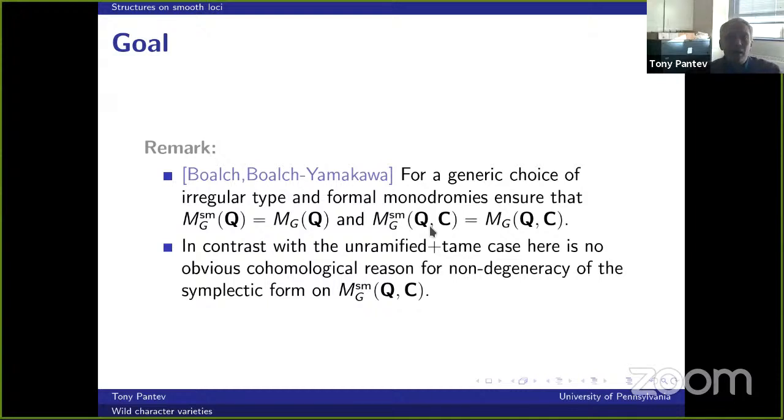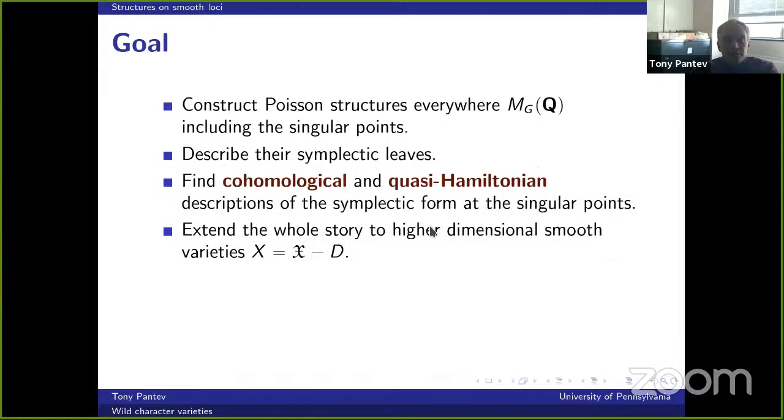So what I'm going to describe now actually handles both questions: it explains what the cohomological reason for non-degeneracy is, and explains that it extends across the singularities. The goal of the little story I'm going to tell you is to construct Poisson structures everywhere on the wild character variety, including the singular points, describe the symplectic leaves, which presumably, and it will indeed be, the restricted character varieties, and then find both the quasi-Hamiltonian and cohomological reason for the existence of those symplectic structures at the singular points.